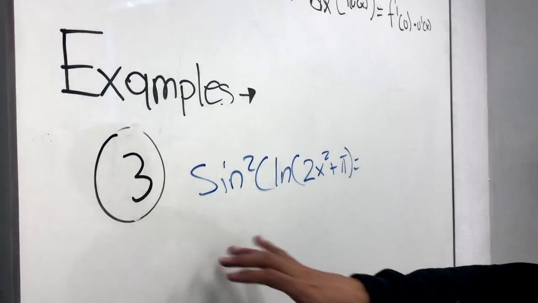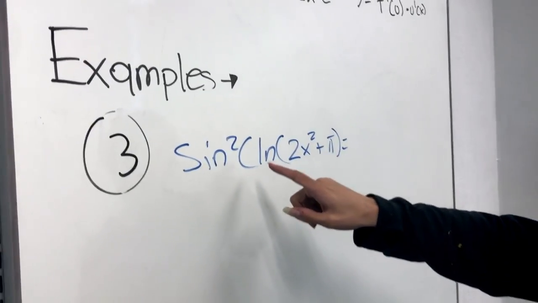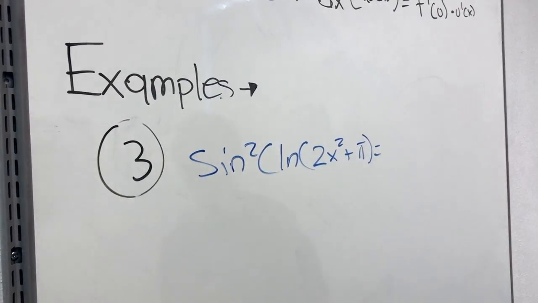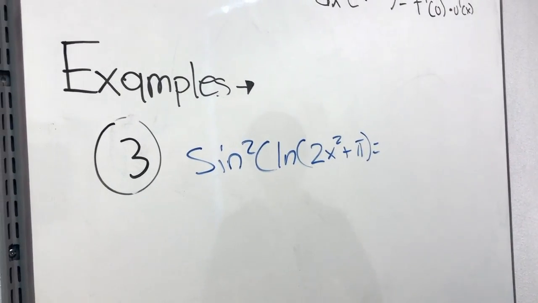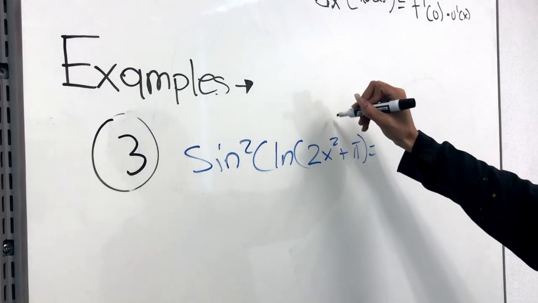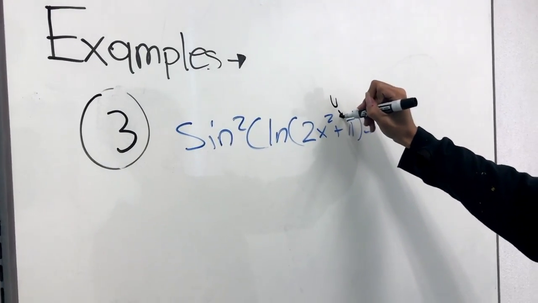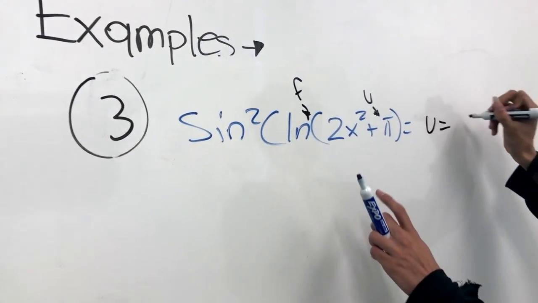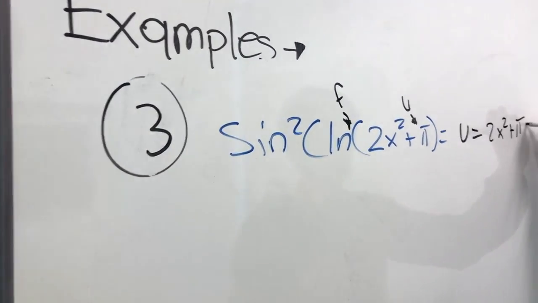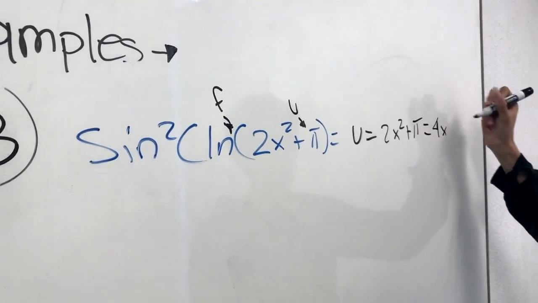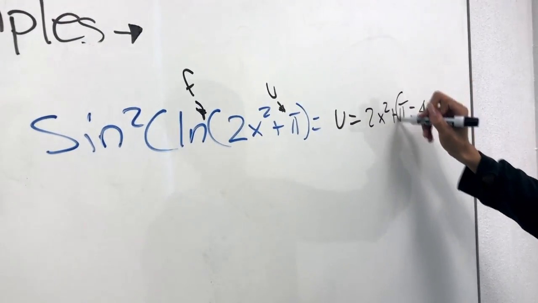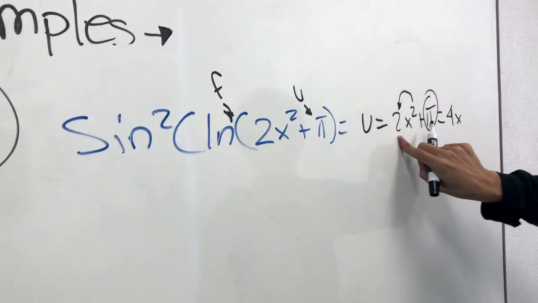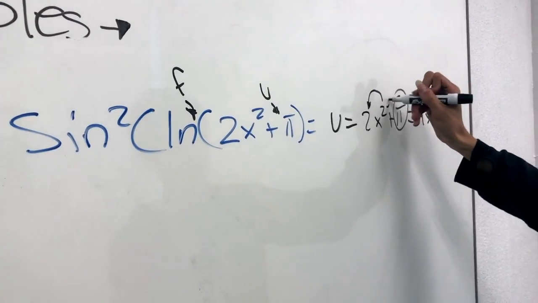For this third example, we have sine squared of natural logarithm of 2x squared plus pi. Here we have to make it by steps. First, we're going to do our first step, which is this would be our u, and this would be our f. We get the derivative for our u, which is 2x squared plus pi, equals 4x, and that would be it, because again pi is a constant, and here the exponent multiplies the coefficient and gets a minus 1.